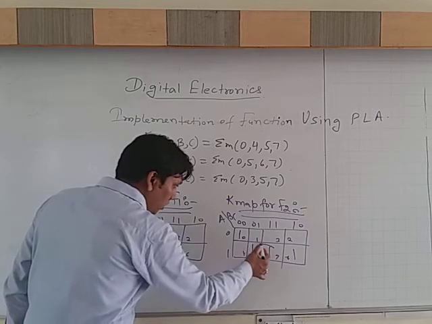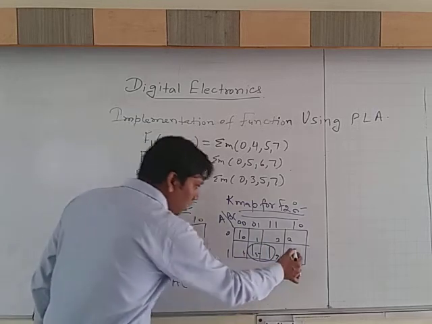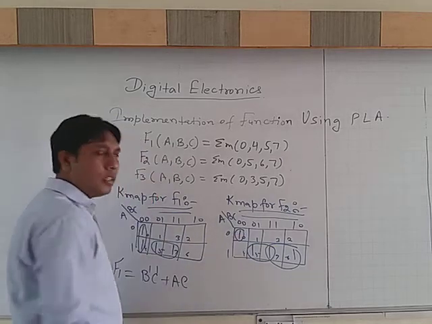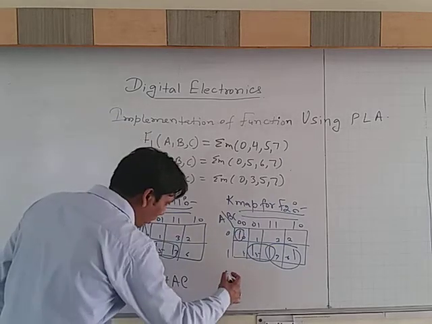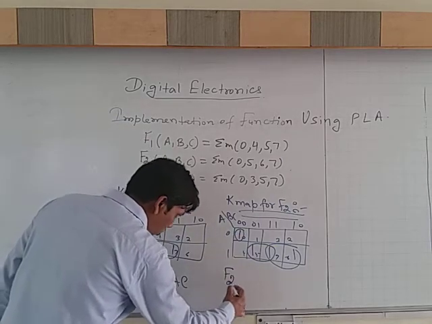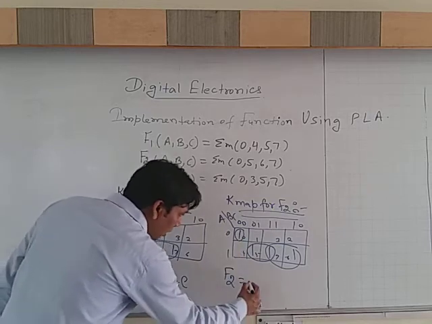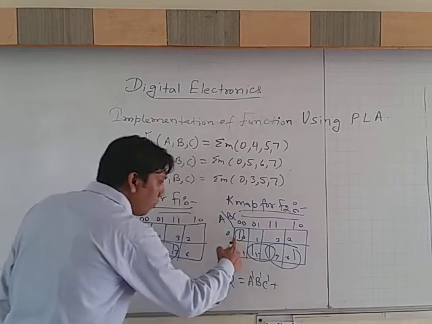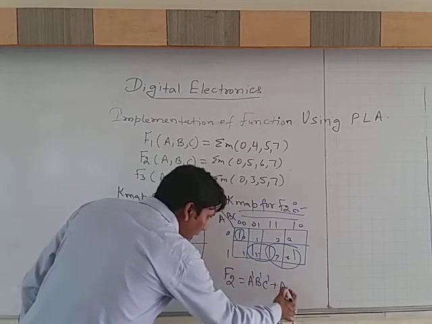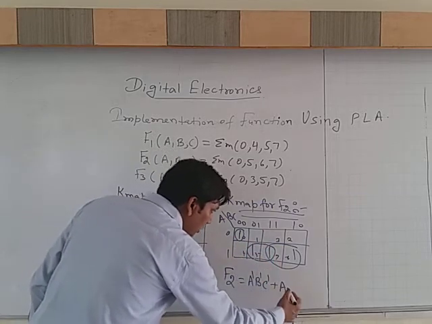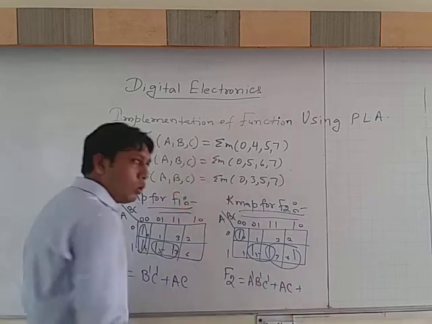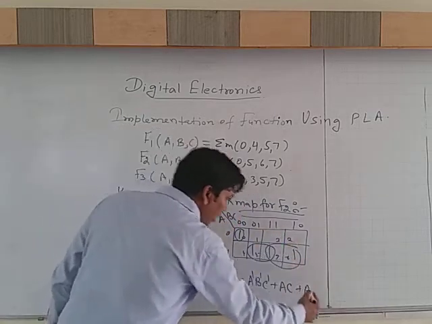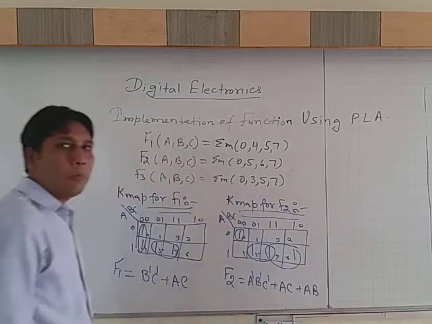It will give us a group of these two, and this one is just single. So f2 will give us A' B' C' from here, AC from the second group, and AB from the third group.